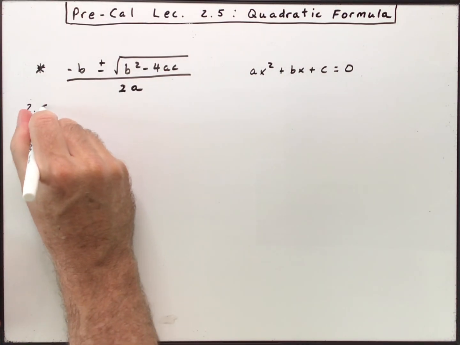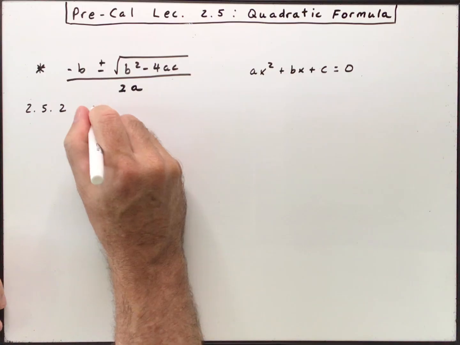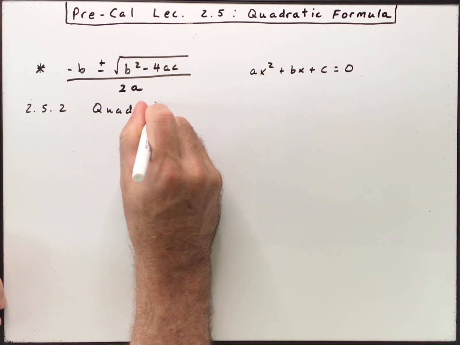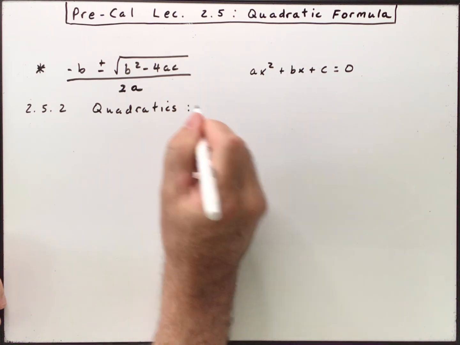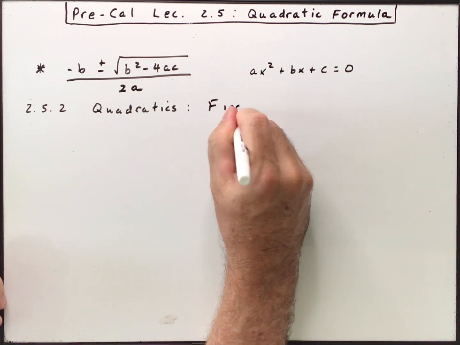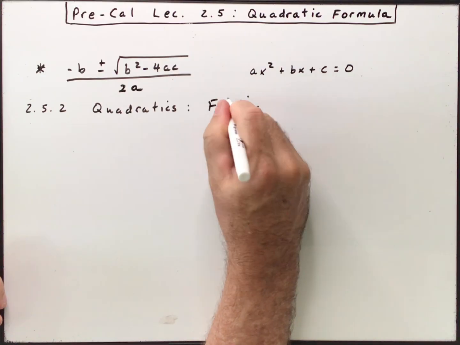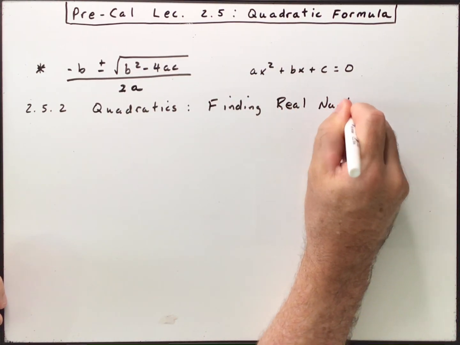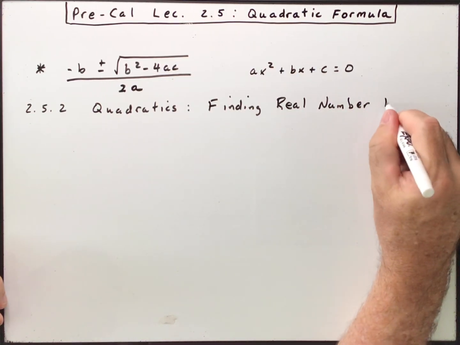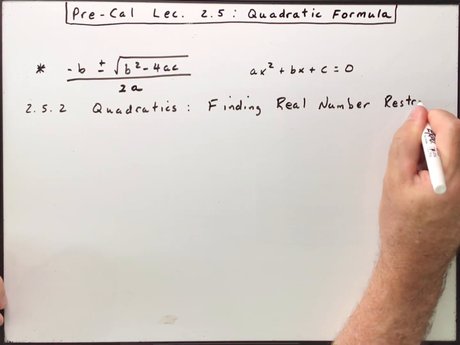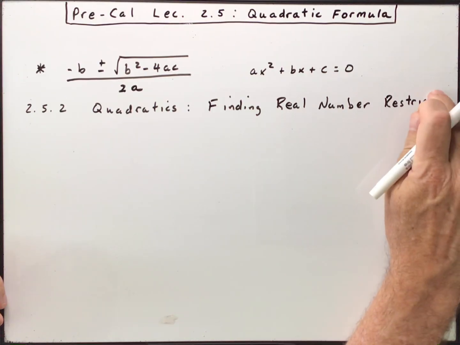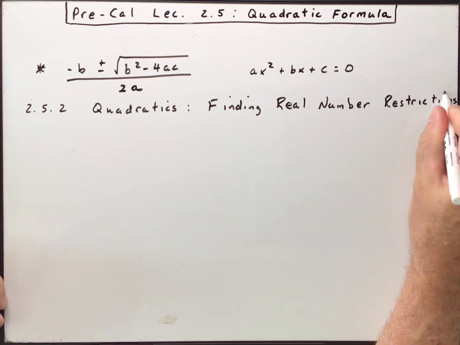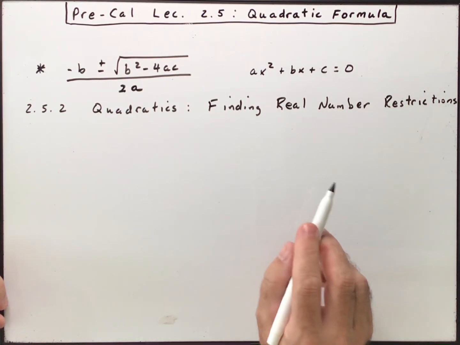So 2.5.2 is quadratics, finding real number restrictions. All right, finding real number restrictions.